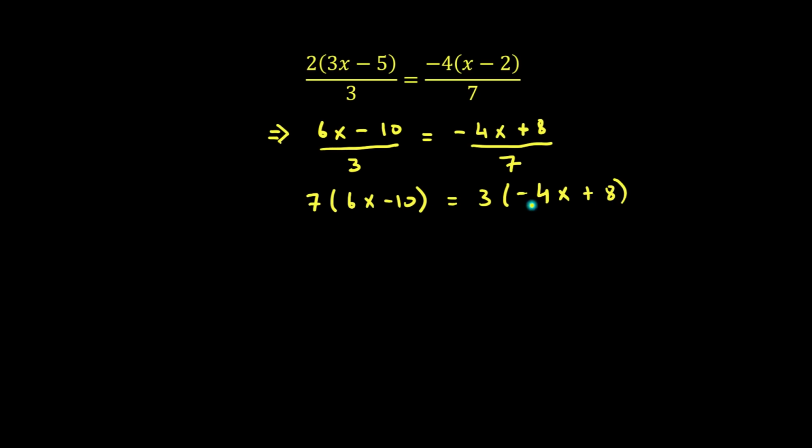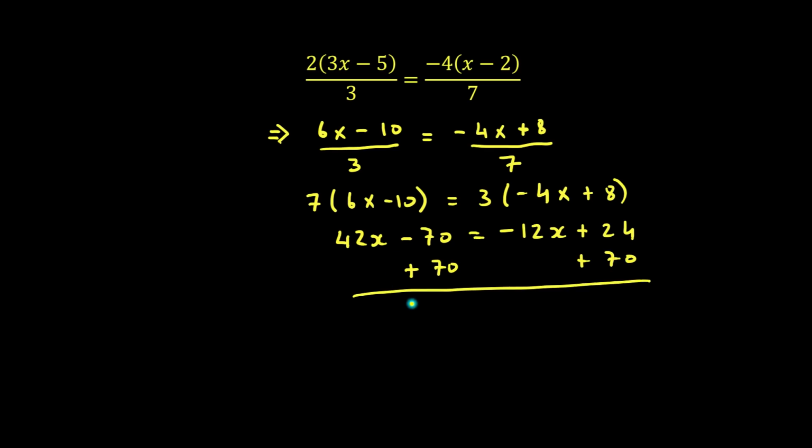Once again, multiply the brackets. So 7 times 6x would give me 42x. 7 times minus 10 will give me minus 70. That would equal 3 times negative 4x, which will give me negative 12x. 3 times 8 will give me plus 24. Once again, I'm going to add 70 to both sides to get rid of the 70 from this side, and add of course 70 on this side also.